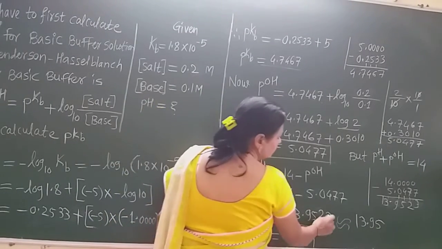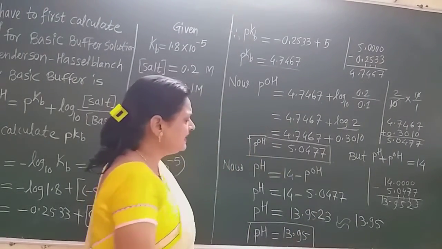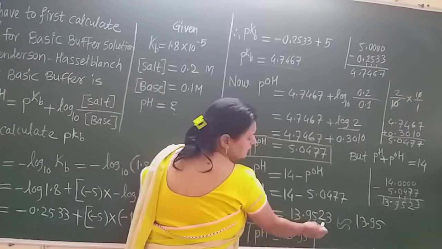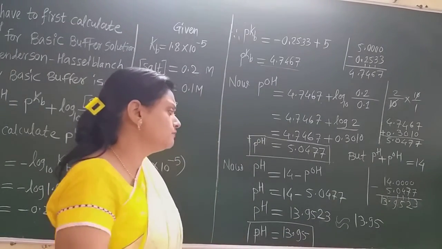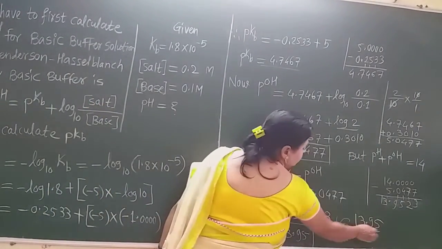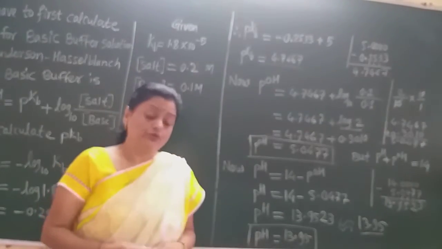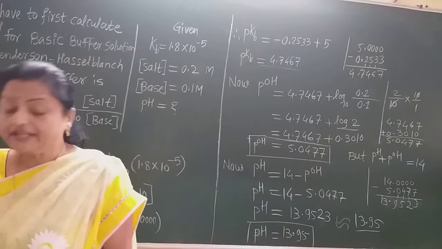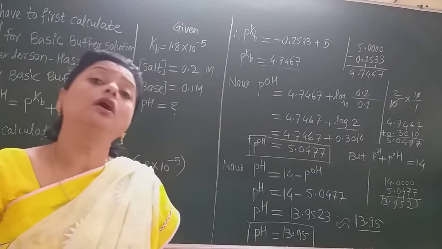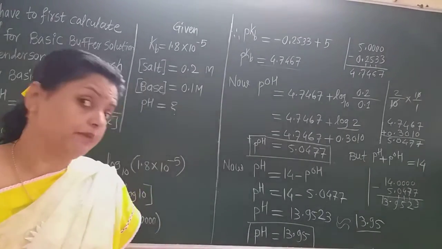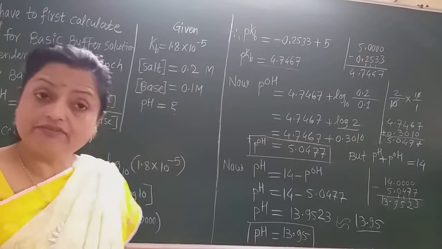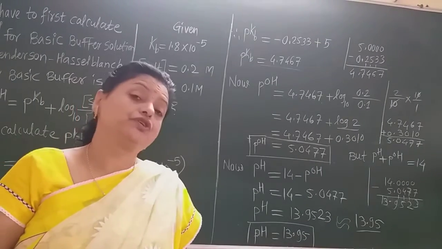That is the value, and as there is only 2 here, there is no rounding up, so it becomes only 13.95. So pH is equal to 13.95. So in this way, students, we can also calculate the pH of the basic buffer by using the equation pH plus pOH is equal to 14.